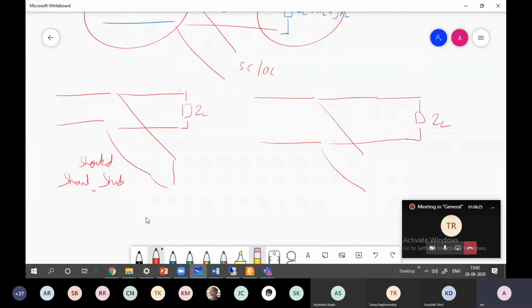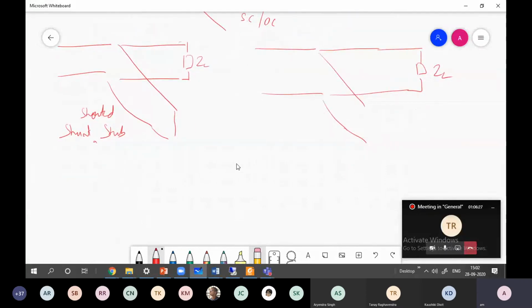Now another will be a shunt open circuited stub. And apart from that, the series stub.